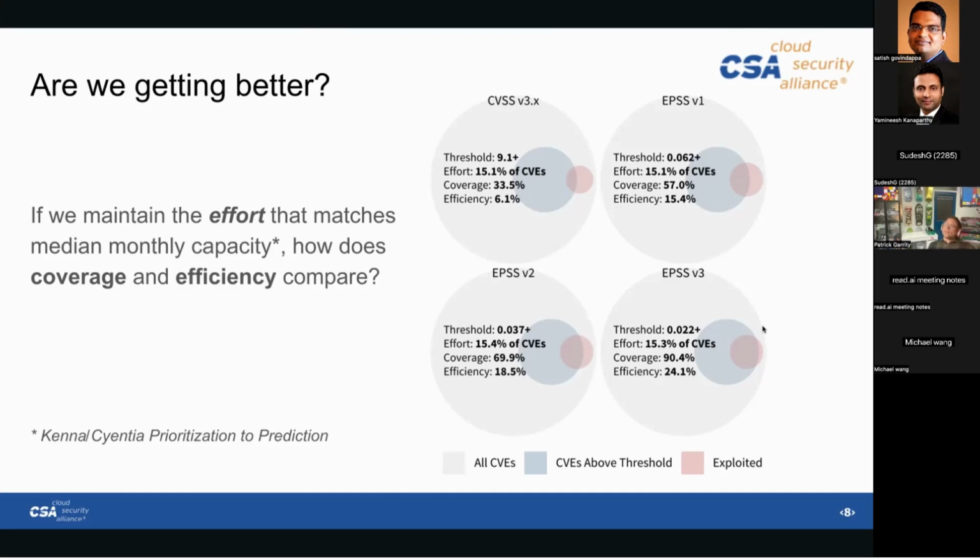That all factors in. And then what happens is there's validation data, so exploit data from Fortinet and AlienVault and GreyNoise and a few other threat sources. So that's how we're comparing CVSS version 3 and EPSS to show how much coverage there actually is. Okay, got it.